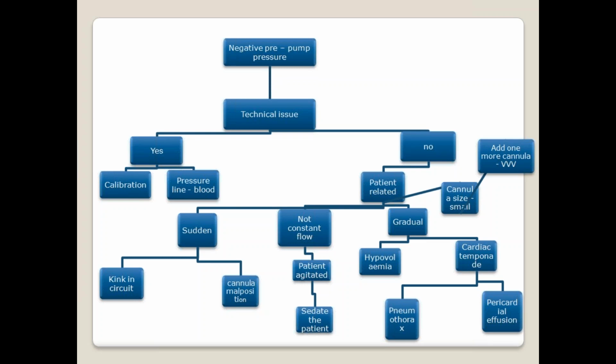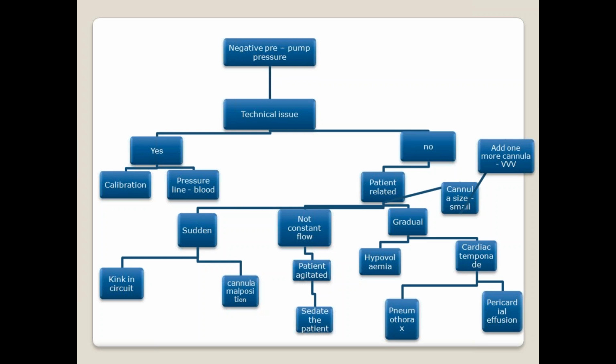So always first check for technical issues. If there are no technical issues, see whether the flow is fluctuating or not. If it is fluctuating, most of the time it is because of an agitated patient. Just give sedation and you will get a good flow. Third, give fluid. If there is no response to fluid, get an X-ray done to see what is happening.